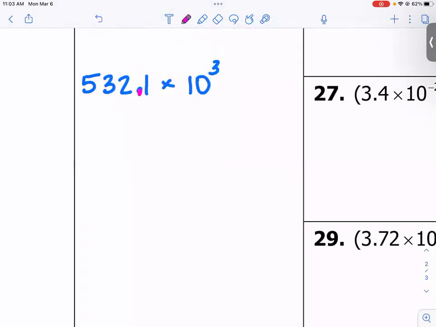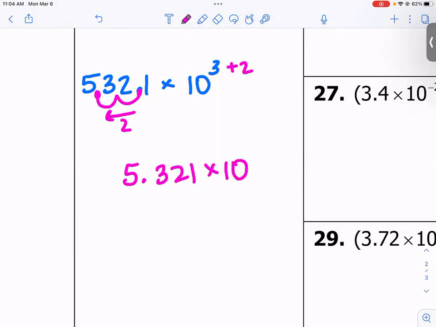We would have to move this decimal place 2 to the left. So that means we would have to adjust our exponent to be bigger or smaller? Bigger. So this is really 5.321 times 10 to the 6.